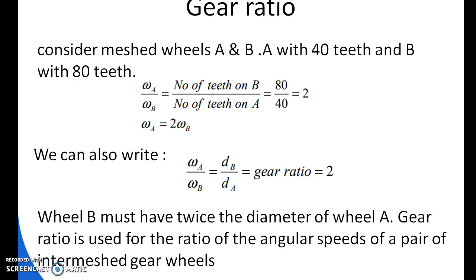So omega A by omega B equals 2, so omega A equals 2 omega B.